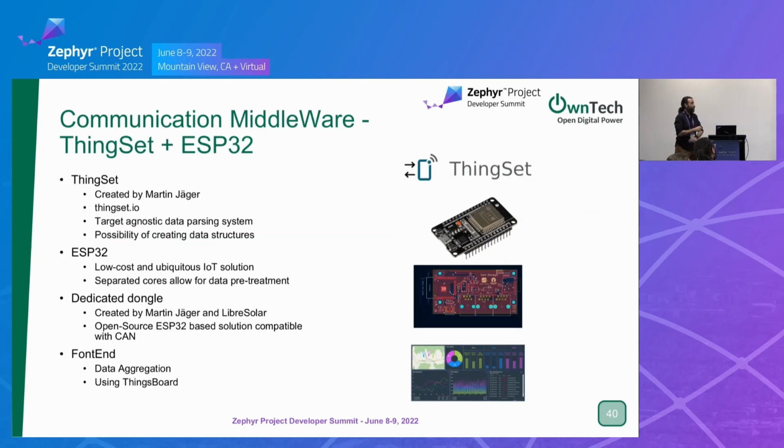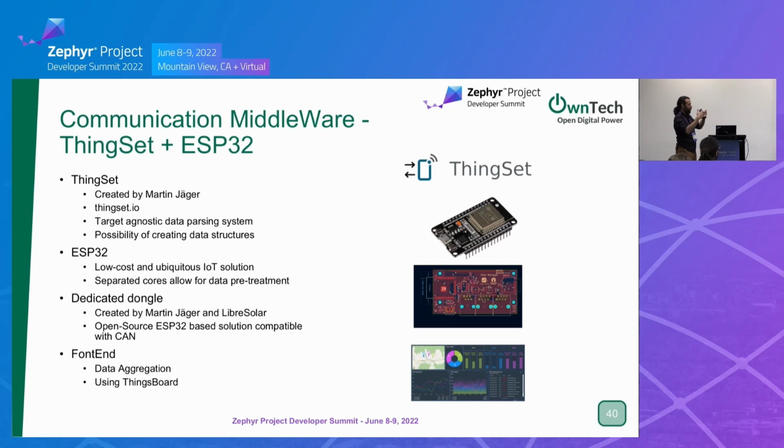What we did to get to this point is that we use ThinkSet on a low level, so we can talk on the CAN bus. ThinkSet was created by the same Martin I talked about just before. You can check out his website, thinkset.io, and it's a target agnostic data parsing system. So basically, it parses the data that you declare on a folder and on a file that looks a lot like, I wouldn't call it a device tree, but sort of like data nodes and a data tree.